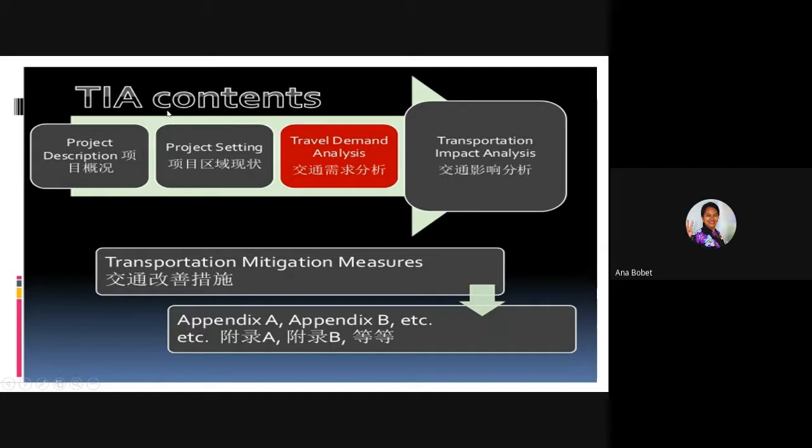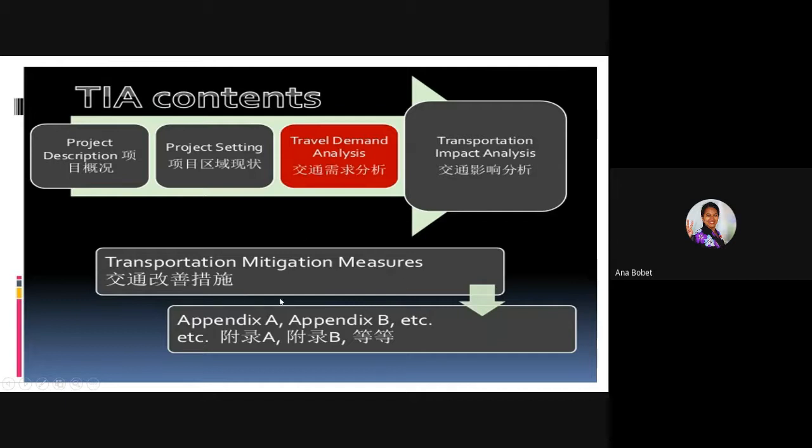measures. So if you build a structure, let's say a building, a condominium. When people come down, where will they ride, where are their vehicles, is there parking, is there public transport? So those are related to the project description and setting, and then the impact in terms of demand. You have to look at how it affects people on the road if the population increases.